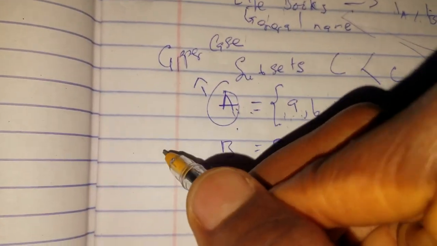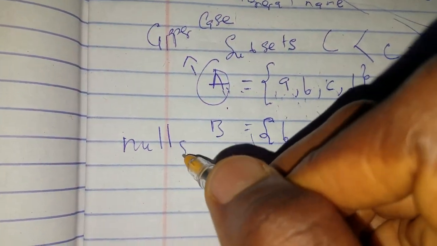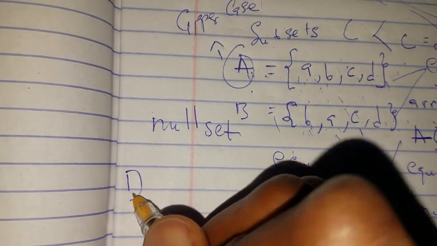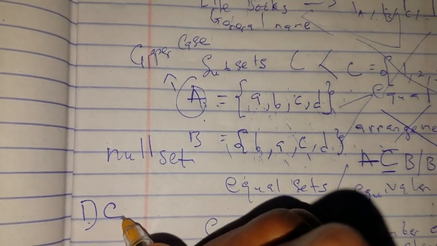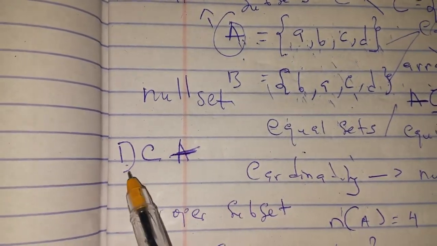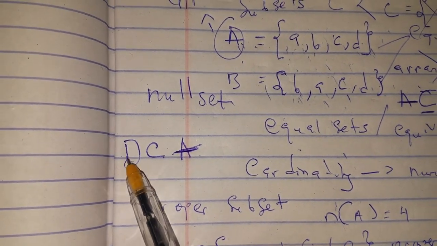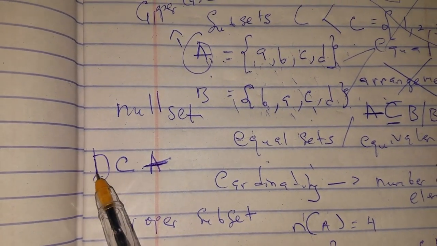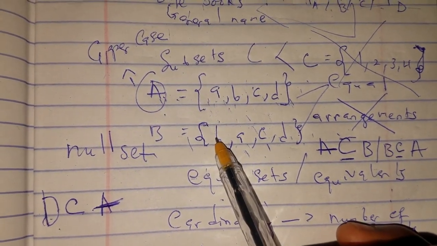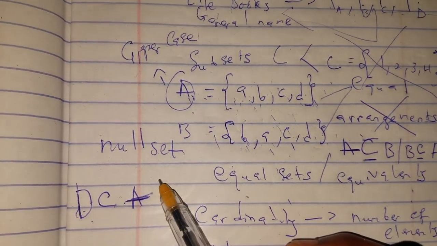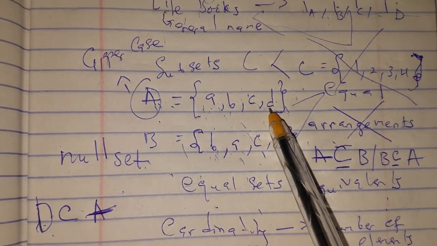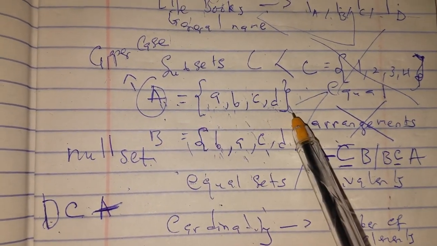All right, now let me speak about the null set. Let's have a set D here, which is a proper subset of A. Now if you are asked to bring out elements in this set D from set A, and the elements have to be greater than 0, they are all alphabets here, so there are no numbers, nothing like greater than 0.